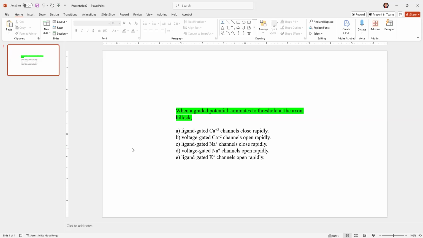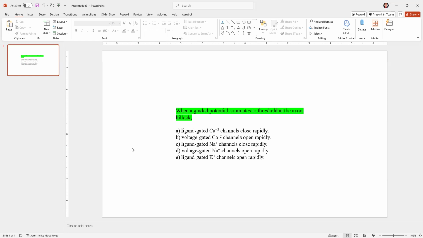It would be E, correct? Ligand gated. Where's your ligand? What's your ligand here? Oh wait, when I made a graded potential, I think it's D. Yes, Kate, it's D, voltage gated. Oh wait, ligand gated means you need a ligand. You need something to stimulate it.